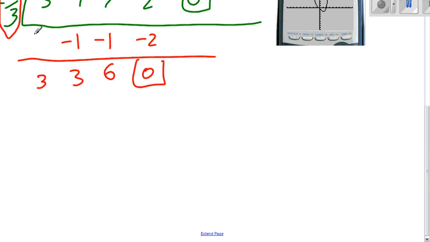So now that we have it down to 3x squared plus 3x plus 6, we want to try to factor that further. So you can start by taking out a 3.